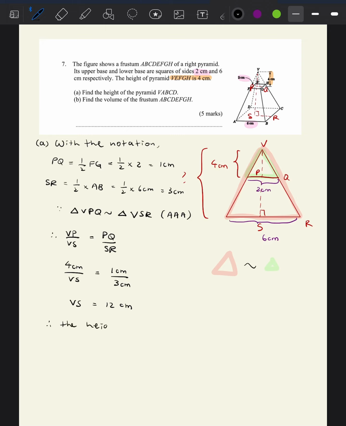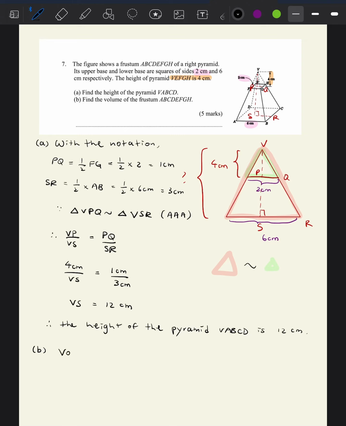And therefore, the height of the pyramid VABCD is 12 cm. Once you've got the height and they asked for the volume of the frustum, then the volume of the frustum is just equal to the volume of the big pyramid VABCD minus the volume of the small pyramid VEFGH.